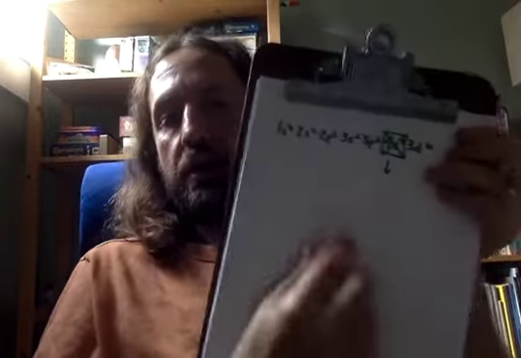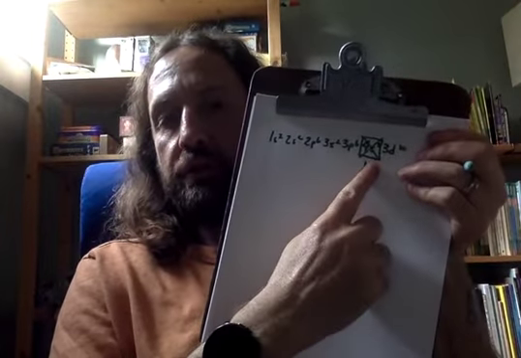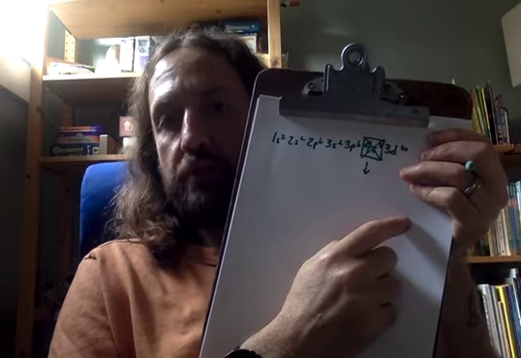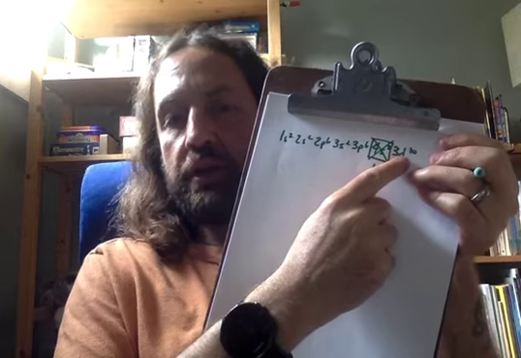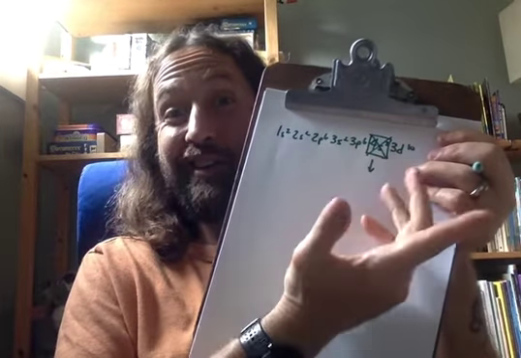So since it has a full d orbital, it only has one move. It can only lose the 4s2 and form a plus 2 ion. There's no movement possibility here in the d orbital because it's already full. And so zinc only forms a plus 2 ion.